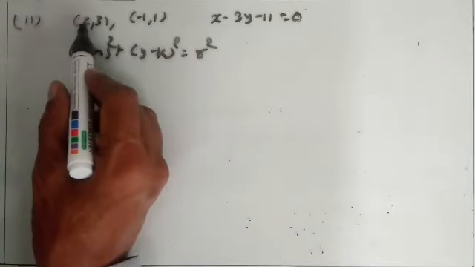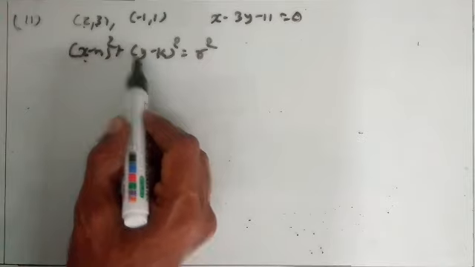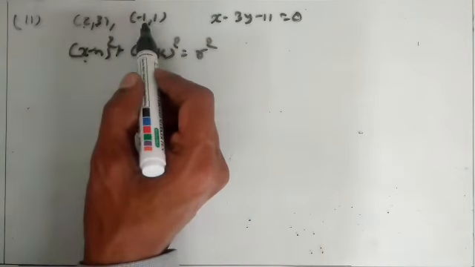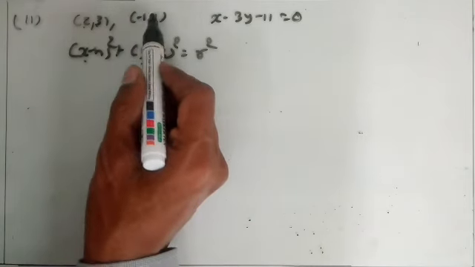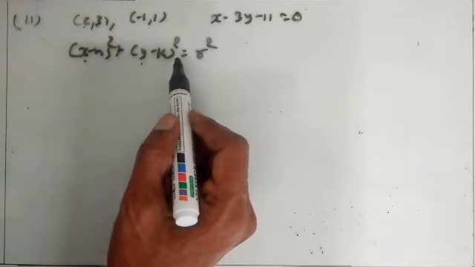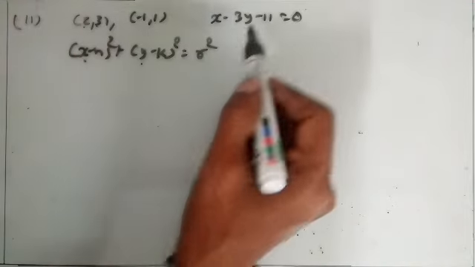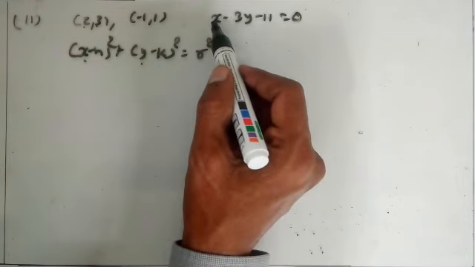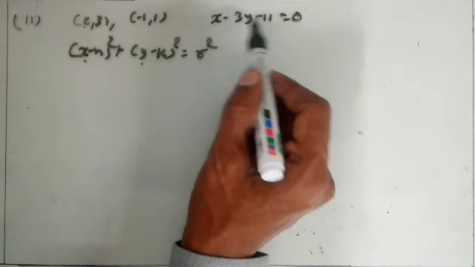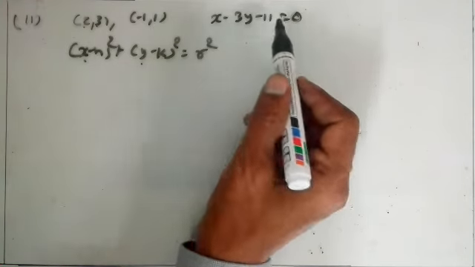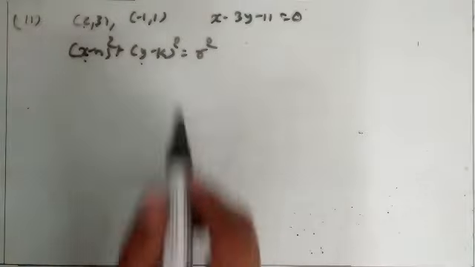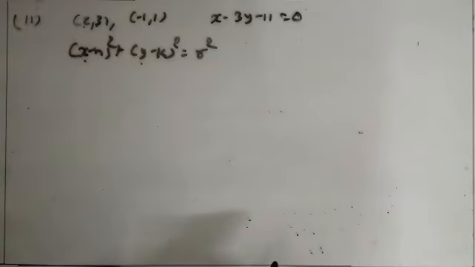This circle passes through (2, 3), so replacing x and y by 2 and 3 we get one equation of h, k and r. Similarly, using (minus 1, 1) in this equation we get a second equation, and the center of this circle lies on this line, so h minus 3k minus 11 is equal to 0. We get a third equation. Solving these three equations, we get the values of h, k and r, and using these we get the equation of the circle.